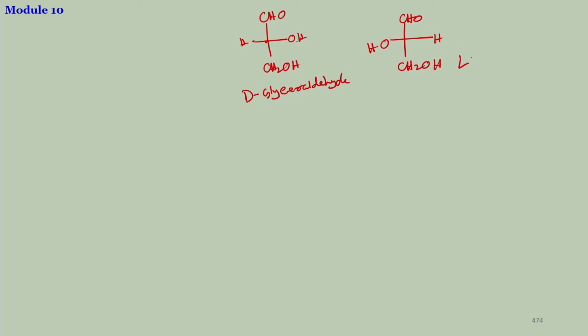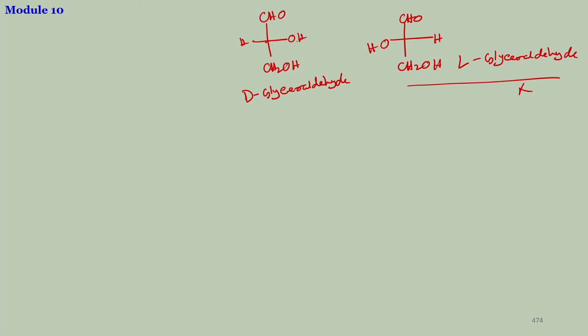In this class I will talk only about the monosaccharides, and all of them are mostly of D configuration. This is L-glyceraldehyde. I will not talk about the L isomer; we will mostly talk about the D isomer.